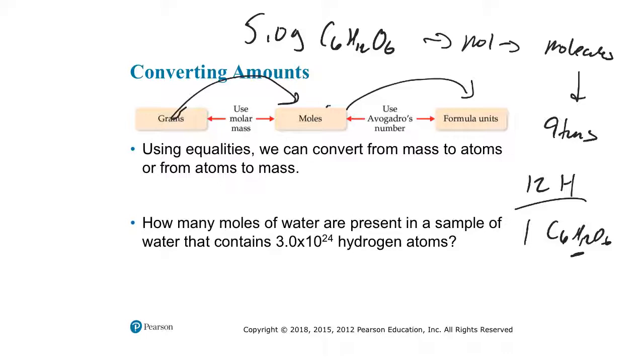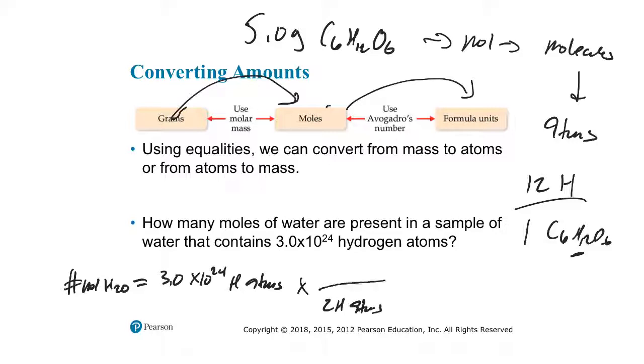So how many moles of water are present in a sample that contains 3.0 times 10 to the 24 H atoms? So the number of moles of water is what we're looking for. Start with 3.0 times 10 to the 24 H atoms times there's 2 H atoms for every 1 molecule of water.